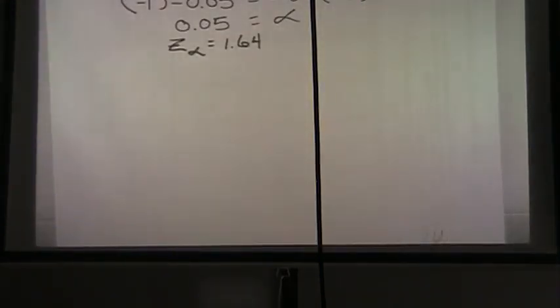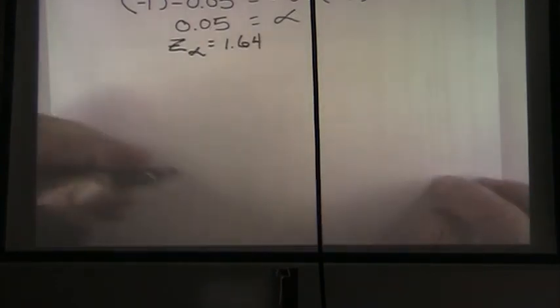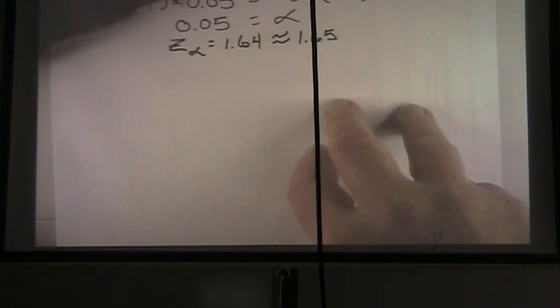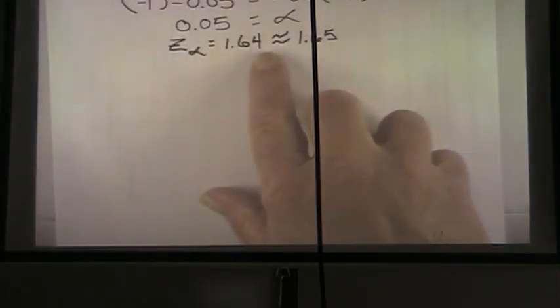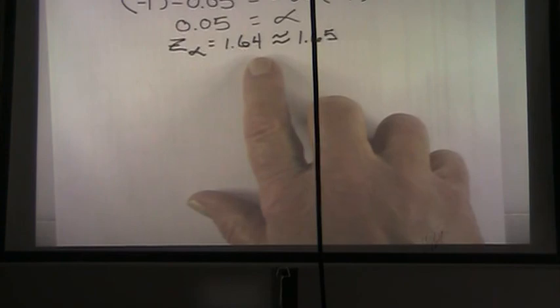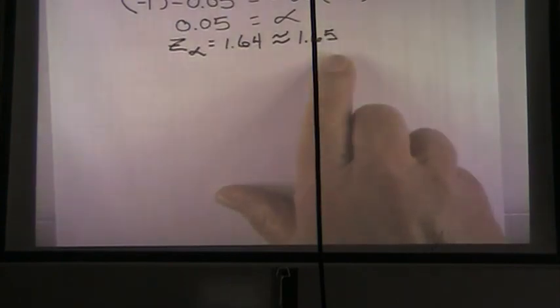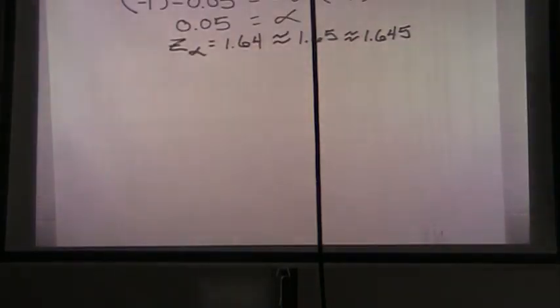All right, so in the book, as you saw in example 8.3, they chose 1.46. But I'm going to say that is super close to 1.65. Excuse me, 1.64, not the other way around. Very close to 1.65. Some would say even closer to 1.645.